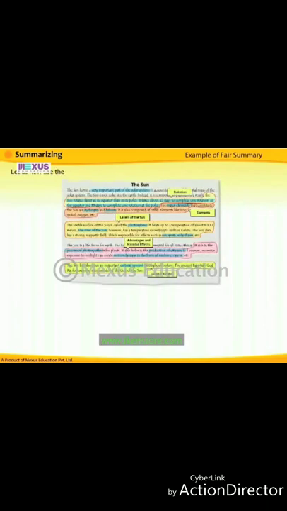Let us now use the guidelines for summarizing a passage and form a fair summary. Let us read the summary. Facts about the sun. The sun has an important place in the solar system. The sun rotates at a faster speed at its equator. The major elements that constitute the sun are hydrogen and helium.